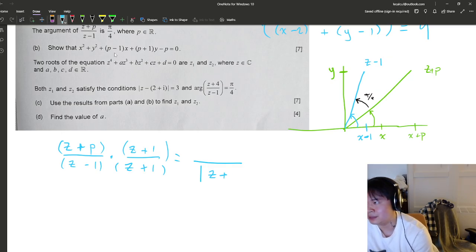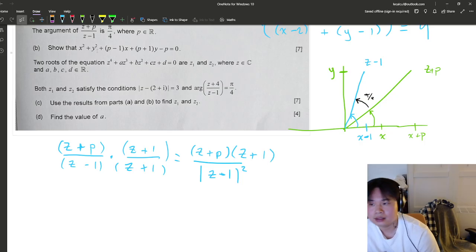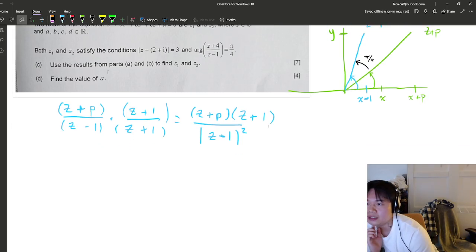I guess it doesn't matter if it's -1 or +1. And then z plus p times z plus 1. No, why do they do this to you? And then, okay, write this in terms of x and y.